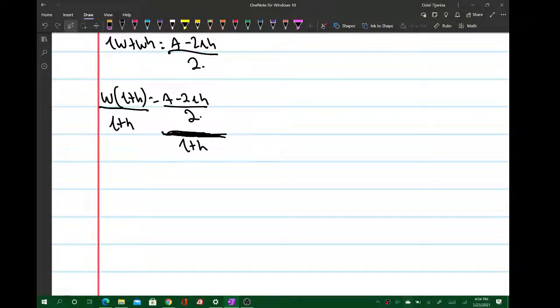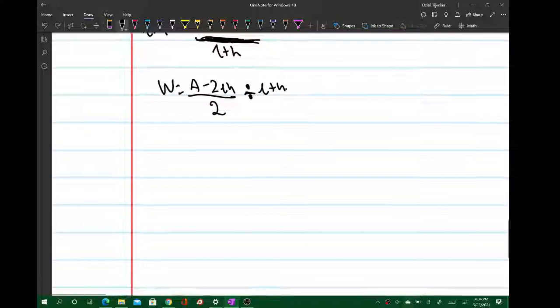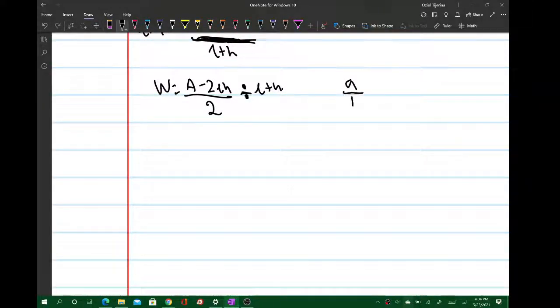So then we have W equals, and we can do a division of two fractions, right? A minus 2LH over 2 divided by L plus H. So then we use the dividing fractions rule where we have A over B divided by C over D equals A over B times D over C. So basically, yeah, we have A minus 2LH over 2.